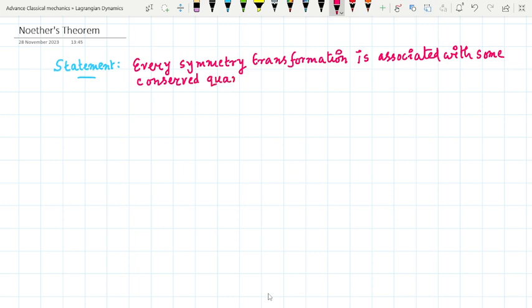Conserved quantity. Now let us discuss point by point the actual meaning of the statement.